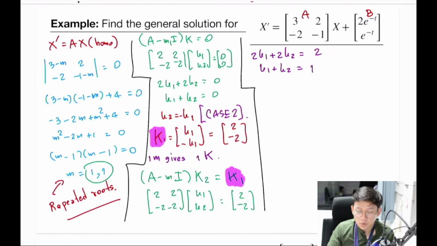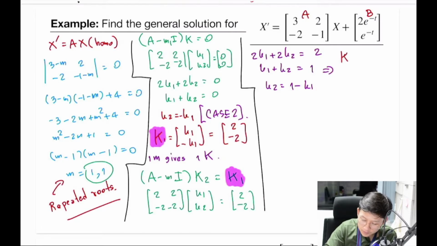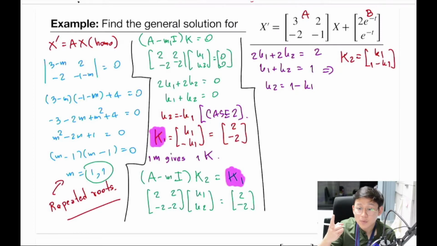So I have that k2 is actually 1 minus k1. So I have here k2 is k1 and 1 minus k1. So here I'll pick k1 as 1, so I get 1 and 0.